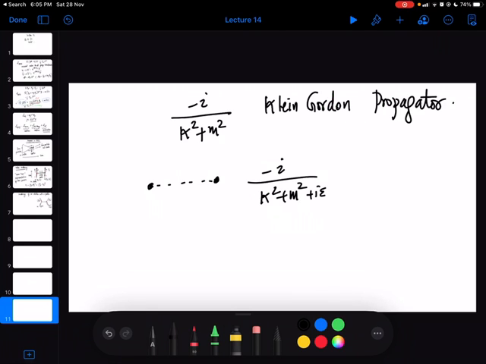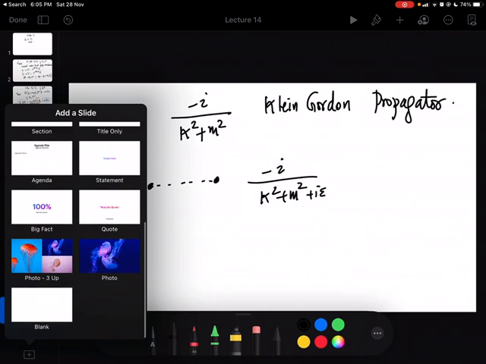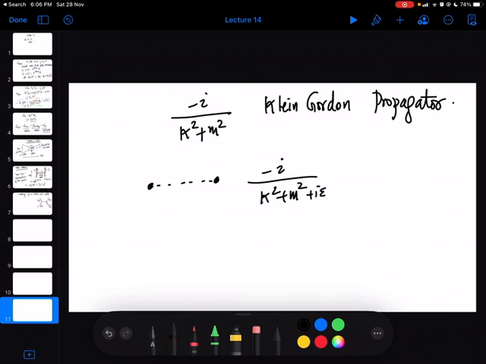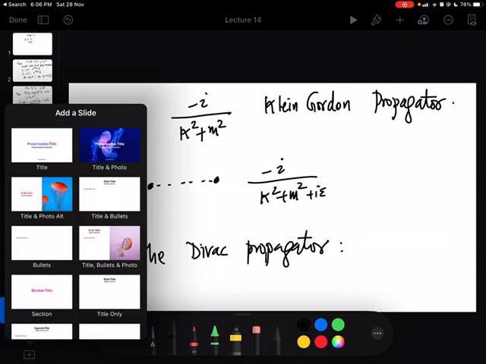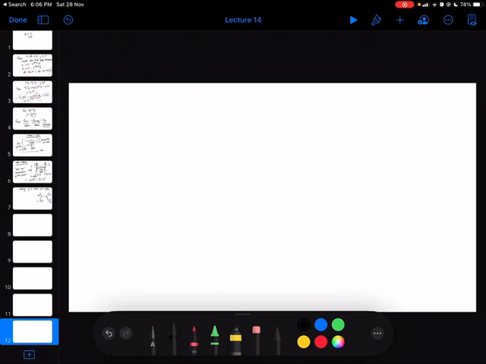Similarly, if you look at the Dirac propagator, or the propagator of a fermion, the same applies.